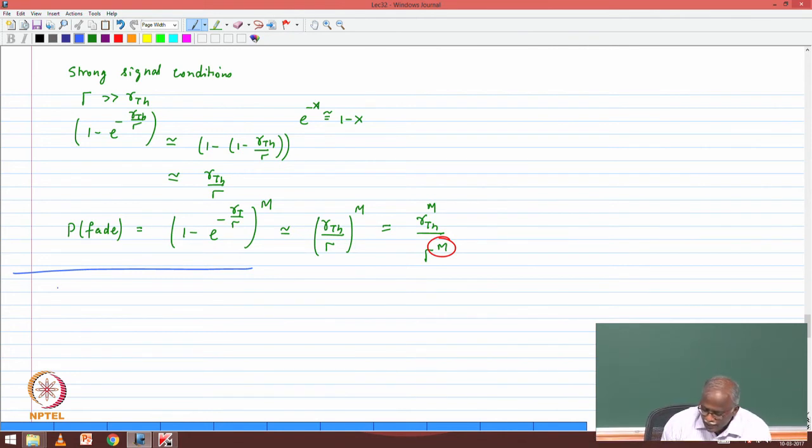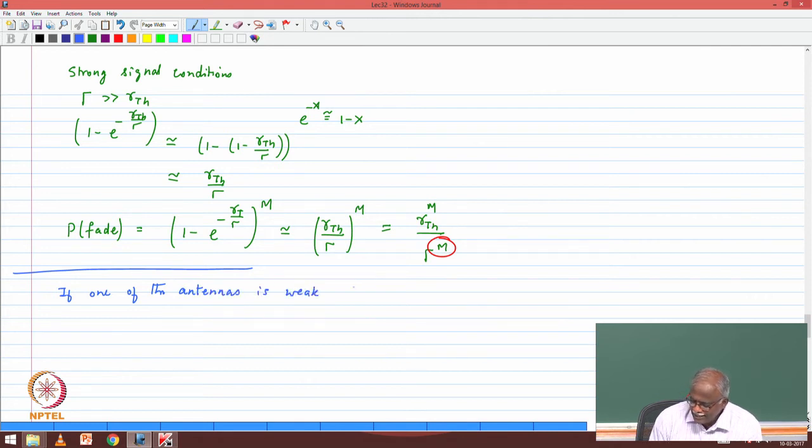So if one of the M antennas is weak, that means M minus 1 are strong, one antenna is weak. If one of the antennas is weak, what happens? Without loss of generality, we will say that antenna 1 is the weak antenna.